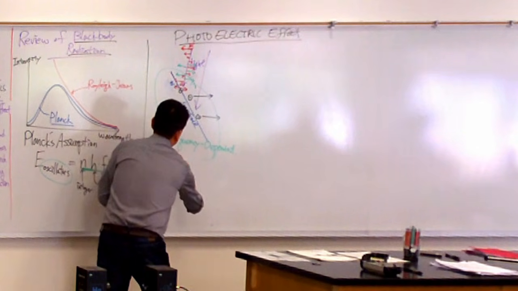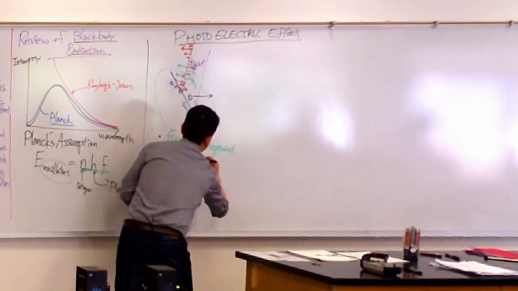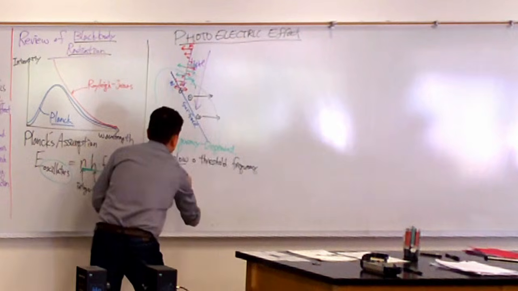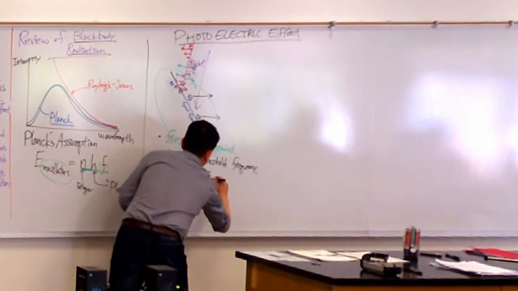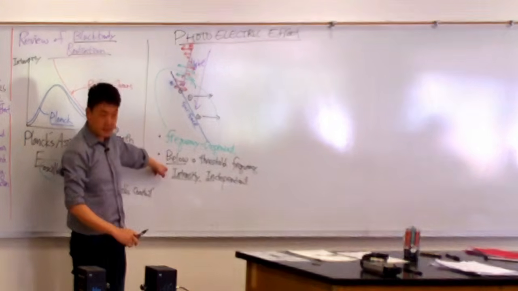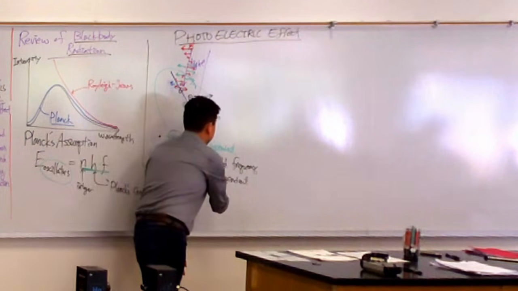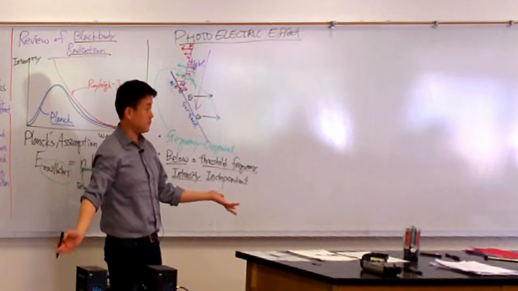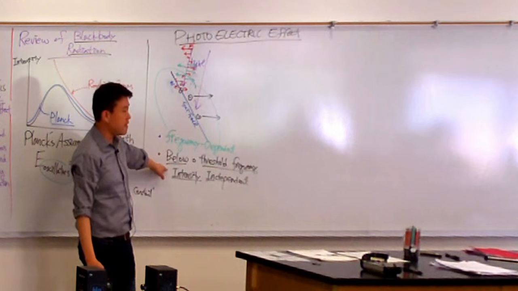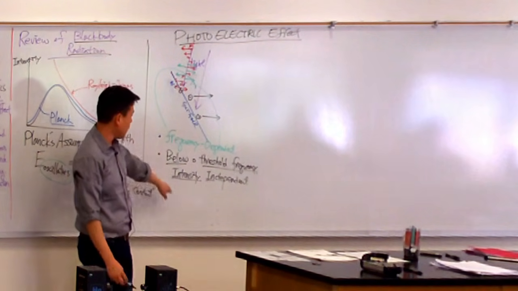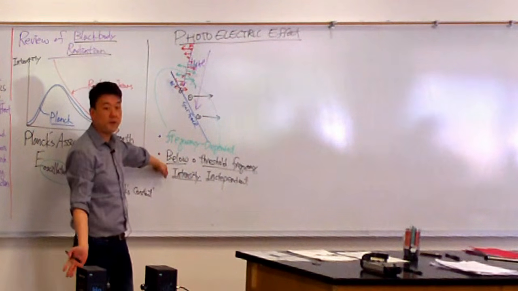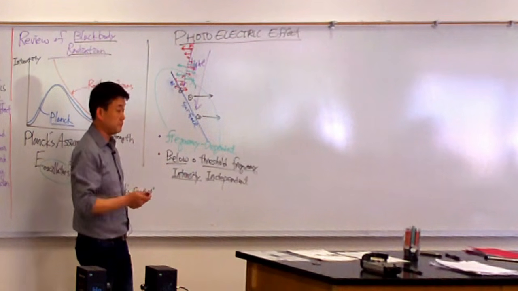Below a threshold frequency, it's intensity independent. By independent, I mean it doesn't matter how much intensity you have. If you're below a threshold frequency of light, then nothing happens. Now, this is the part that you can never explain with the wave model of light, because what does the intensity of light relate to as far as its electromagnetic property goes?